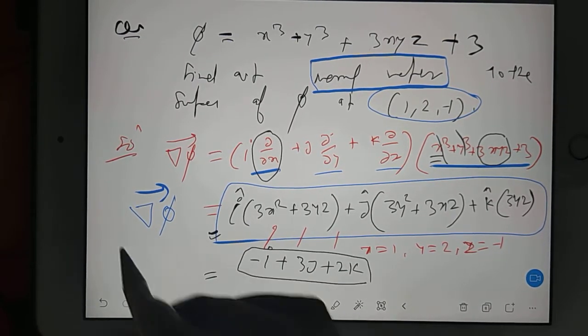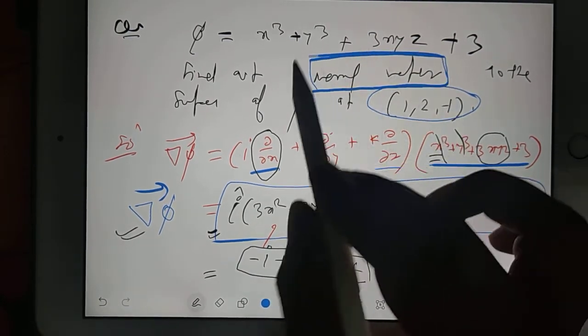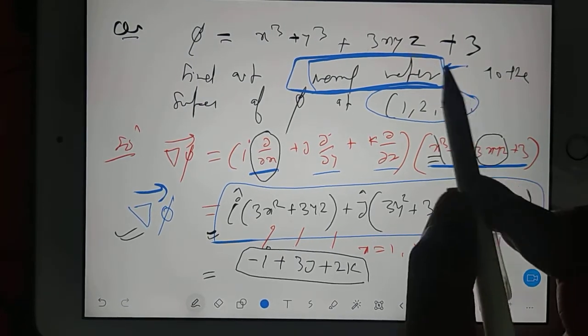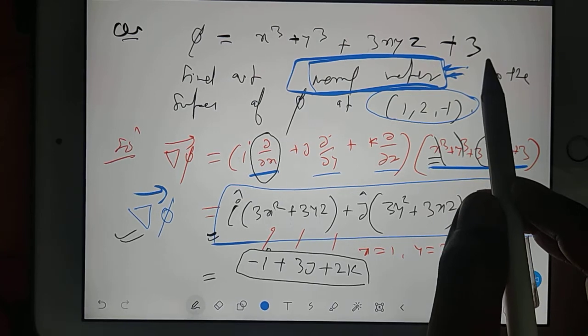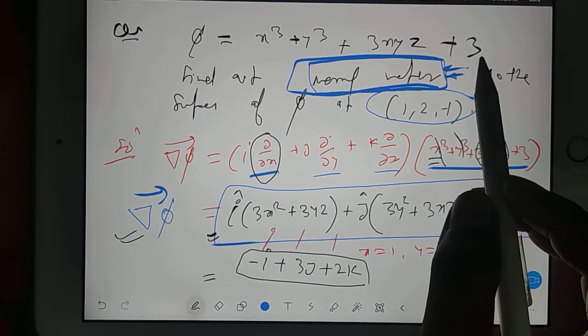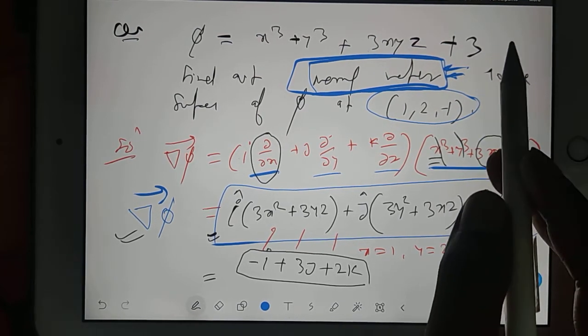This should be your grad phi vector. And now they are asking for the normal vector. So if you are looking for the normal vector, then you should go for n cap. You got the grad phi vector, now you have to find the normal vector. Normal vector means n cap.